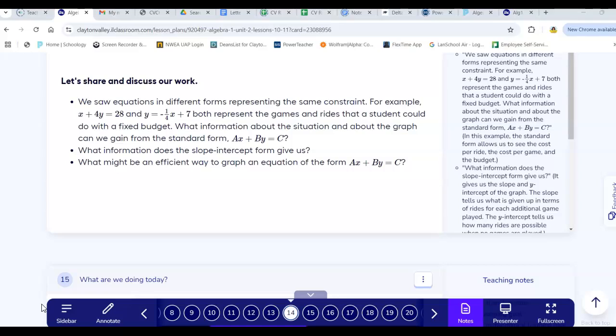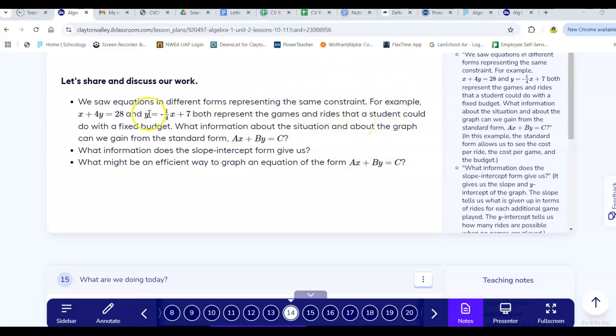Okay, here is the synthesis for what I just showed you in lesson 10. We saw equations in two different forms that represented the same constraint.